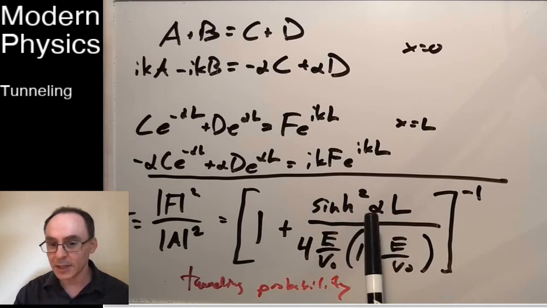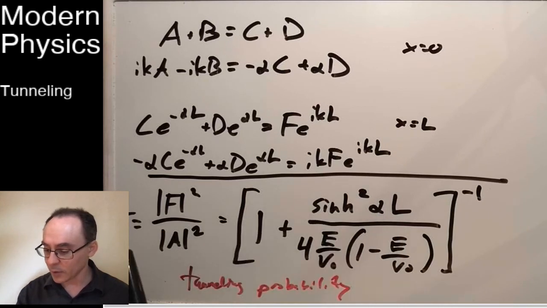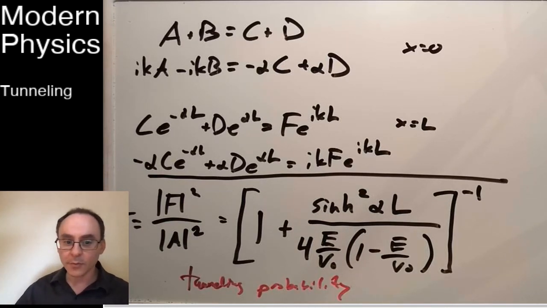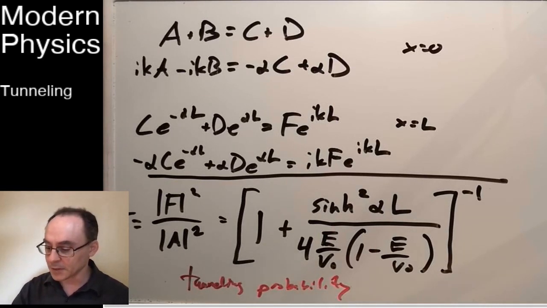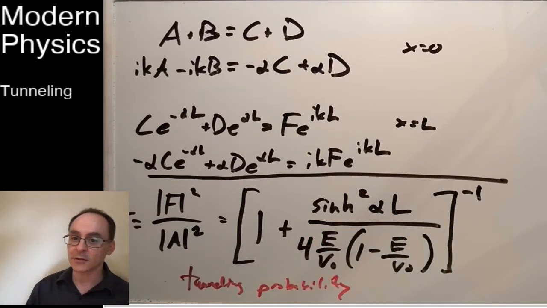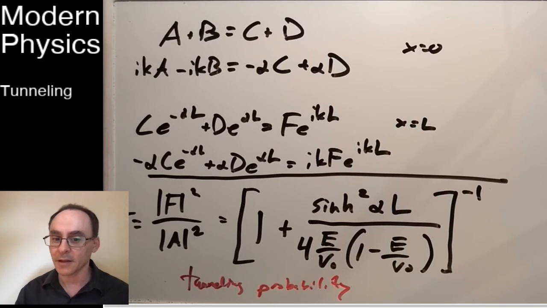So there's this kind of exponential behavior of the tunneling probability with respect to the width of the barrier. The thicker your barrier is, the tunneling probability just goes down exponentially. So that's very fast. You can see a lot of tunneling through narrow barriers, and then you make it twice as thick, and it just goes down exponentially. The tunneling probability goes to nothing.